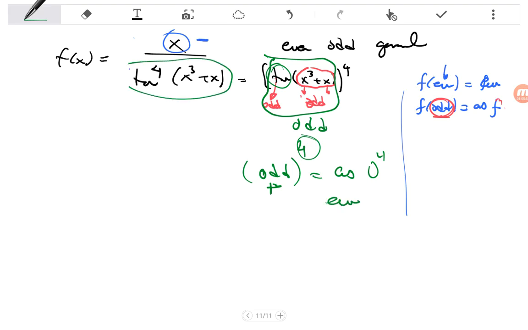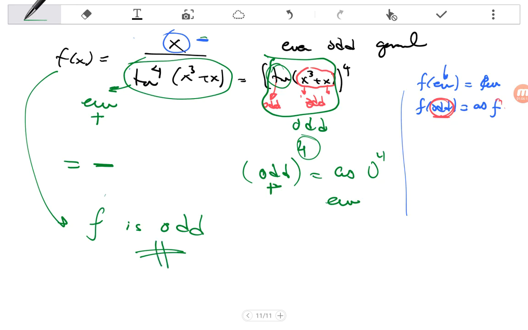So that expression as a whole will be even, which gives it a positive sign. Negative divided by a positive will just be negative. So the resulting function f of x will be odd. So f in this case will be odd.